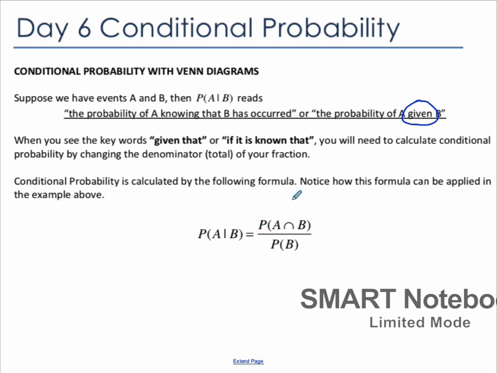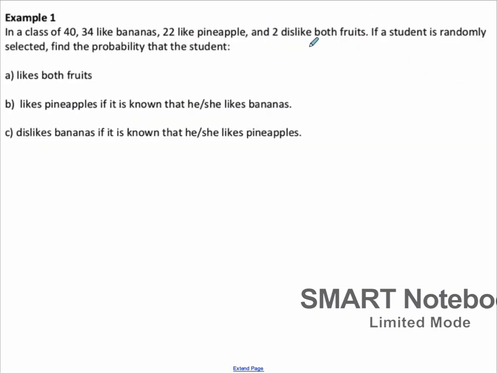It's always equal to the probability of A and B happening divided by the probability of B. So basically what happens is you change the denominator to a smaller subset, a subset of where B happens, which will make sense when you see some Venn diagram questions later.